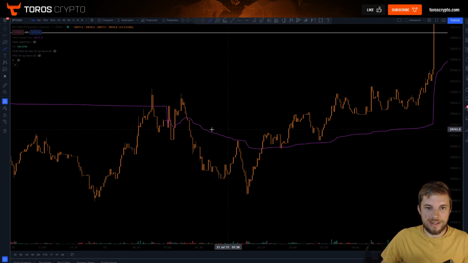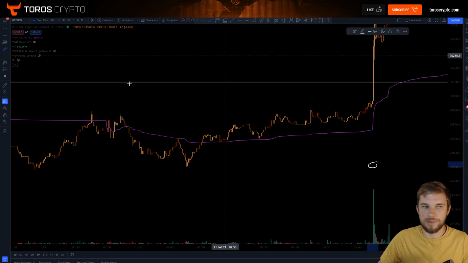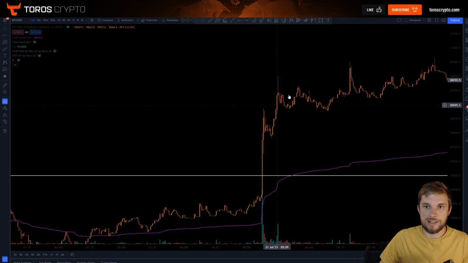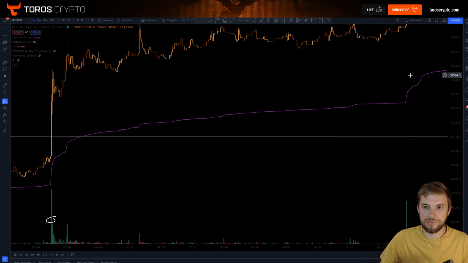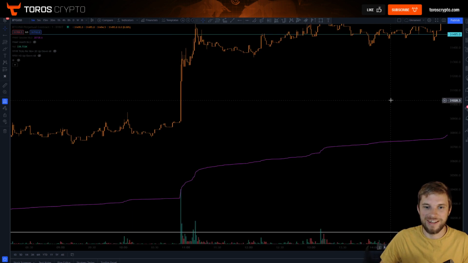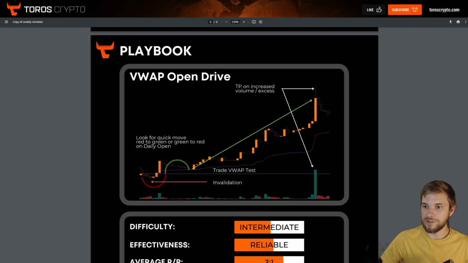Then once the daily open is claimed, you look to take the VWAP, and you trade it up to where you get your volume spike, which would be a very quick reactionary move up to here, again allowing it to trail your stop loss, and right now very nice profit. So I hope you found that one useful.